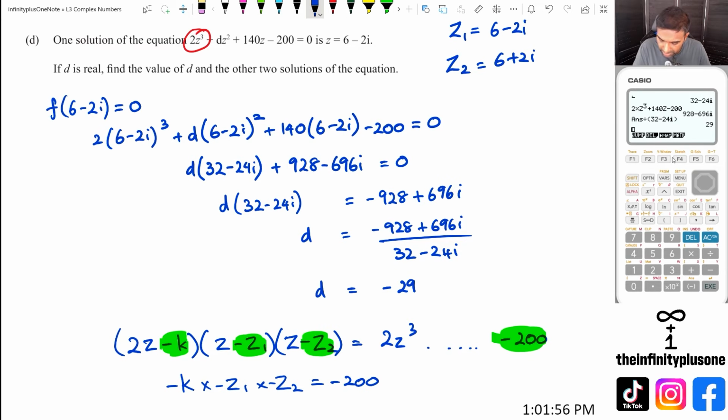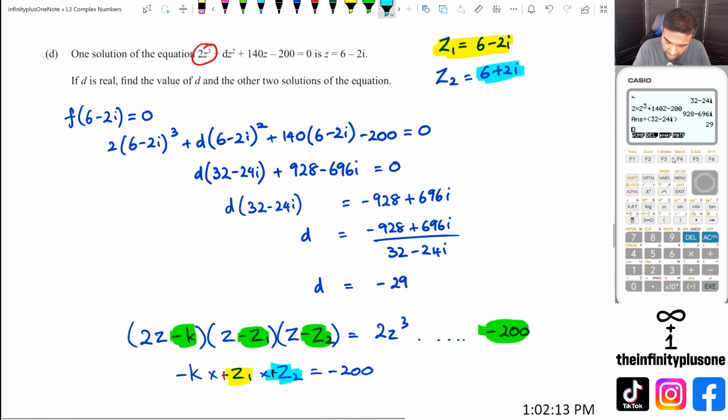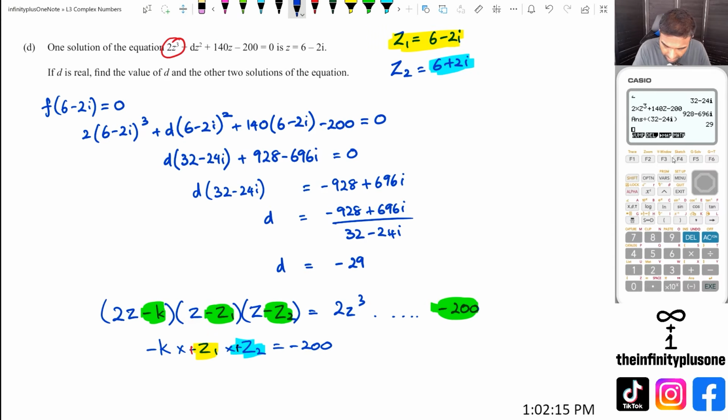Now these two negatives multiply each other to get positive, so I'm talking about z1 and z2 becoming positive. z1 is this right here, and z2 happens to be this. So then I can say negative k, and in my calculator, because I'm just lazy at the moment, 6 minus 2i times 6 plus 2i, and that's equal to 40.